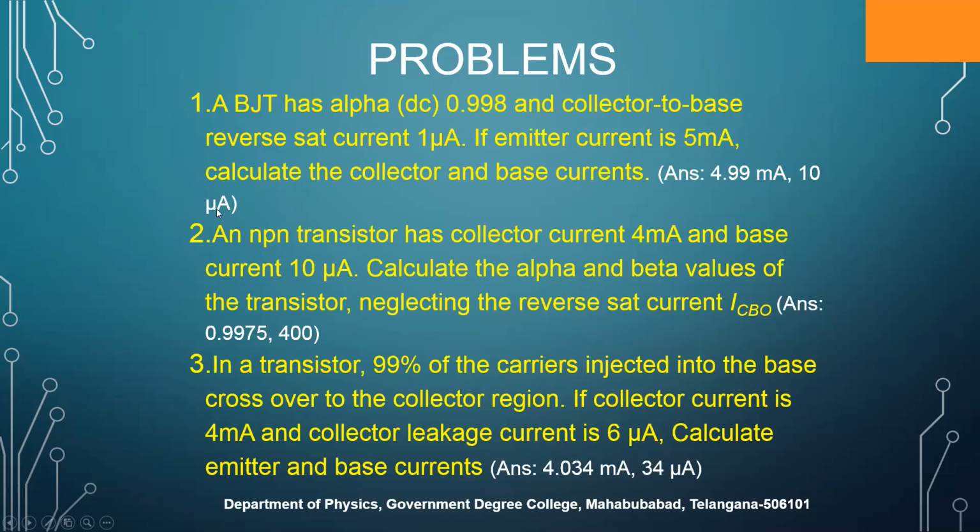Next, alpha DC is equal to IC divided by IE, and beta DC is equal to IC by IB. You have to use these equations to work out these problems. If you have any doubts, we will discuss in tomorrow's class.